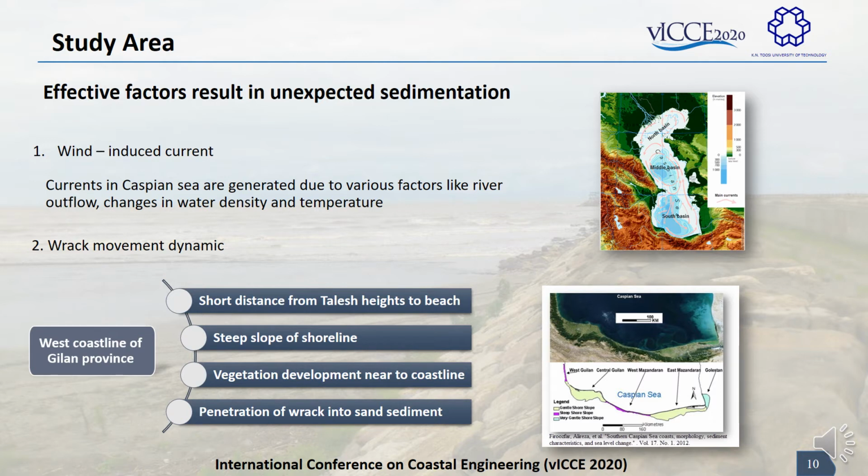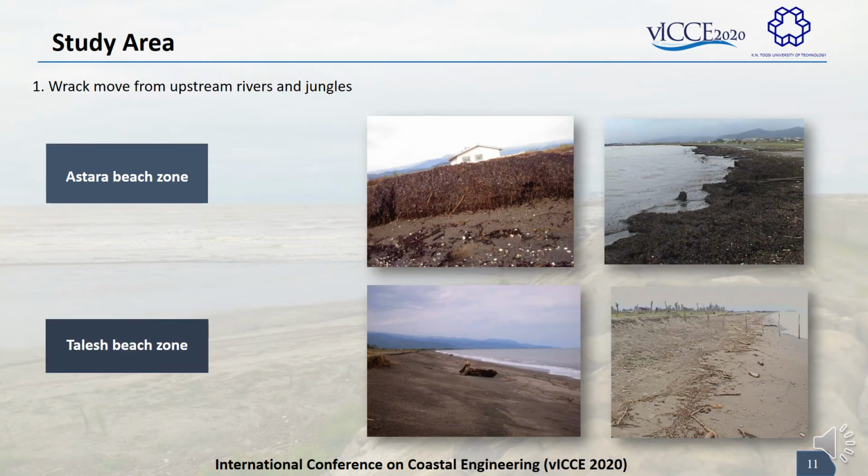Short distance from heights to beach, a slight slope of shoreline, and vegetation development near the shore resulted in wrack generation in the west of Gilan province. Also, we have two similar cases near Paresar: Astara beach zone and Talesh beach zone.